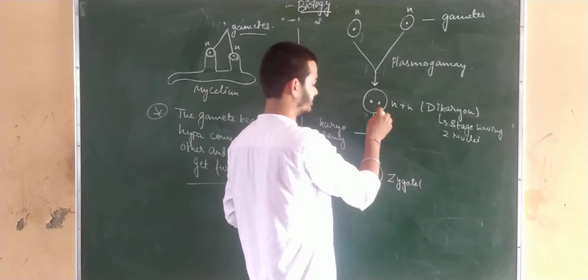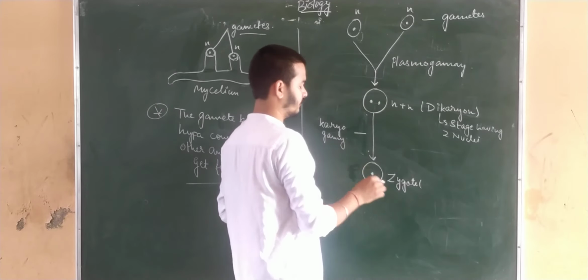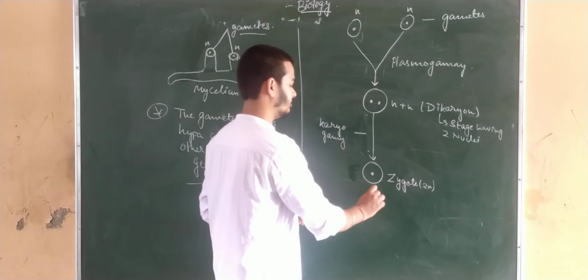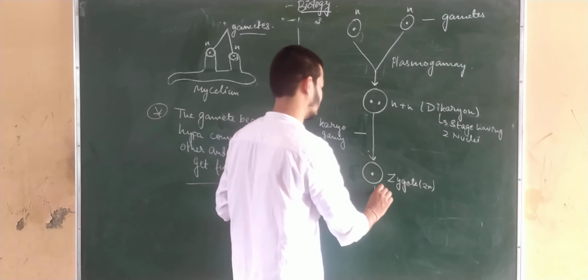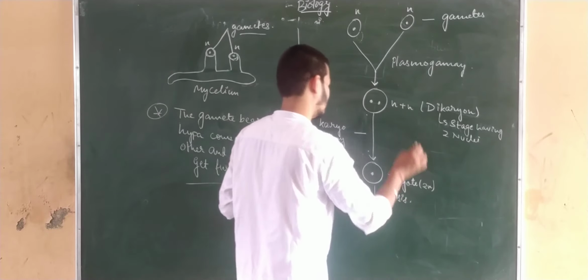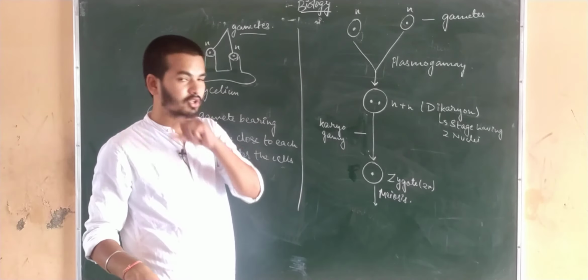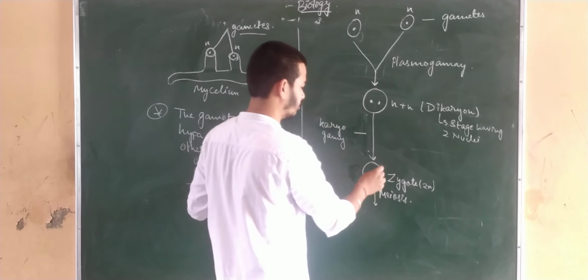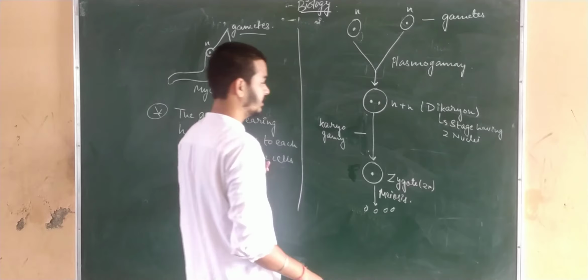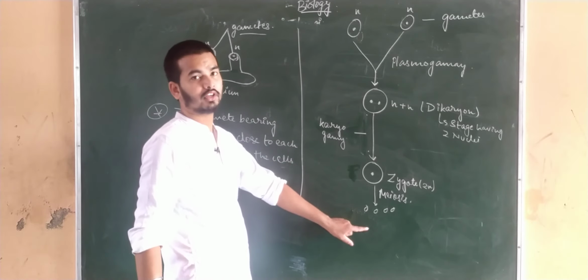Since it was n plus n and both the n's are fused, it will be 2n. Now this zygote will undergo meiosis division, and through meiosis the zygote will be divided into 4 haploid spores. These are the spores, 4 haploid spores.